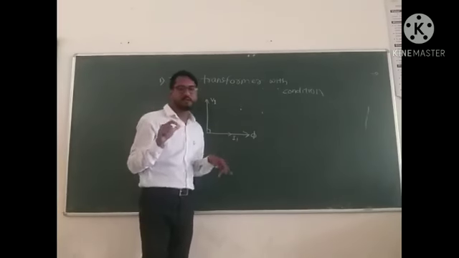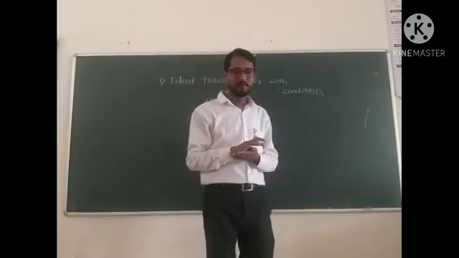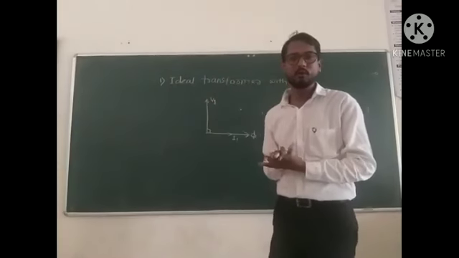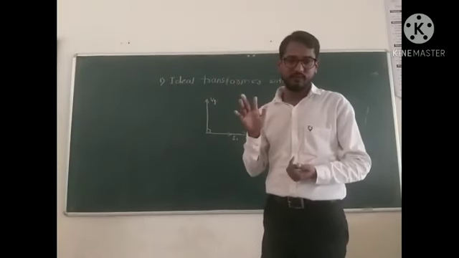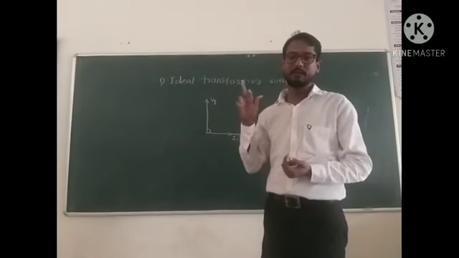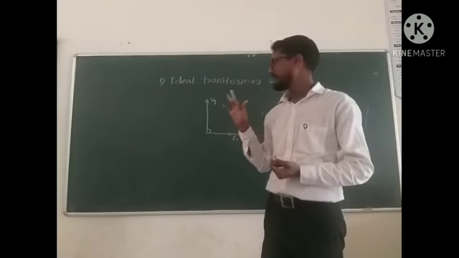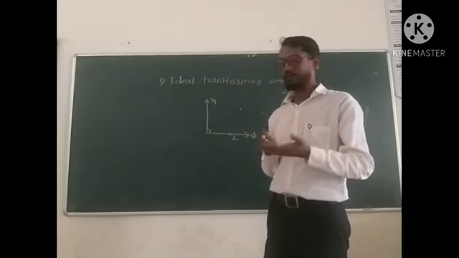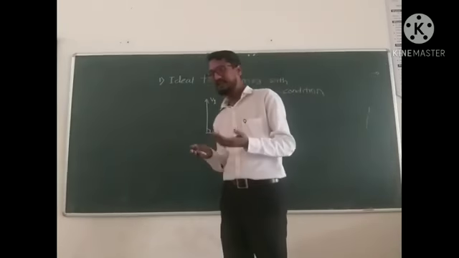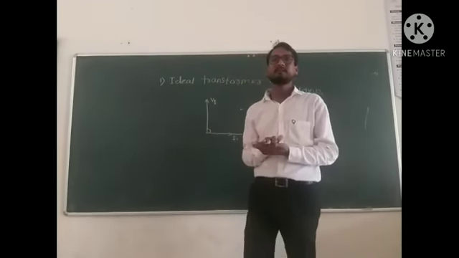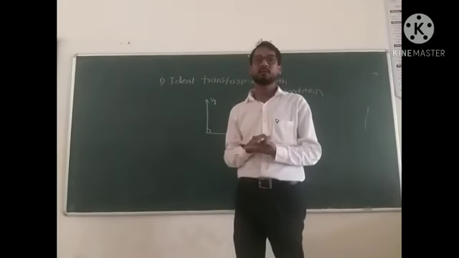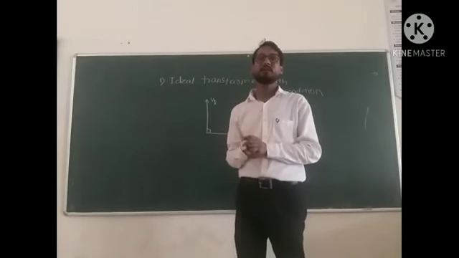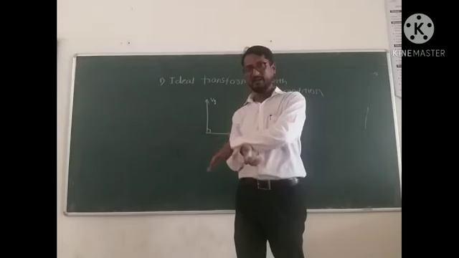Then we know that E1 and E2 are in opposite phase with V1 because of Lenz's law. What does Lenz's law say? Lenz's law says that the produced voltage or current always opposes the cause behind it.